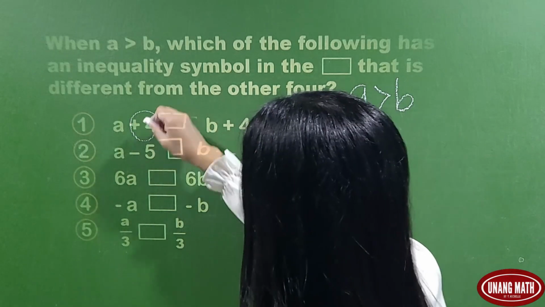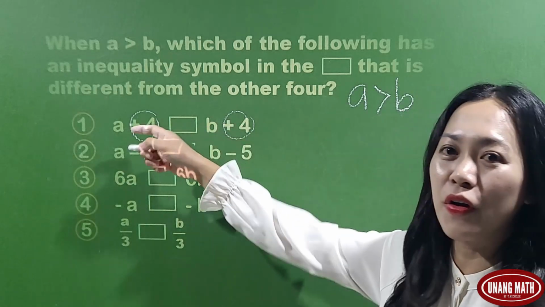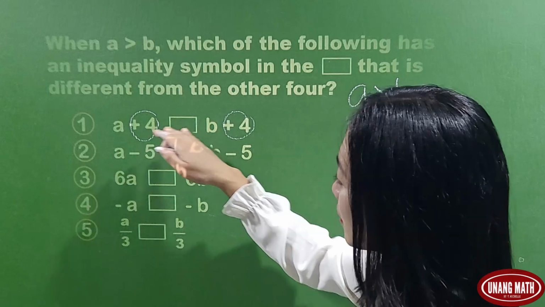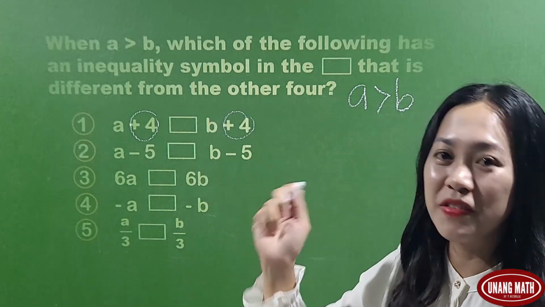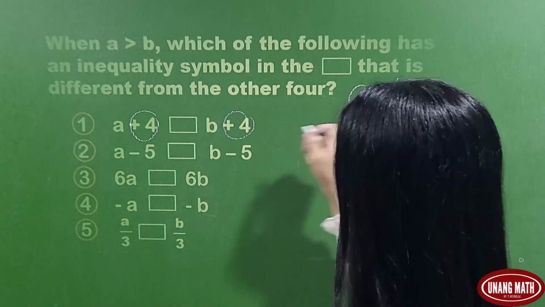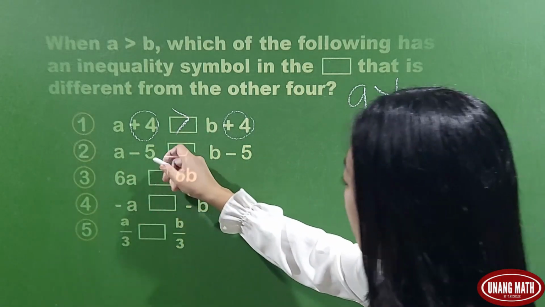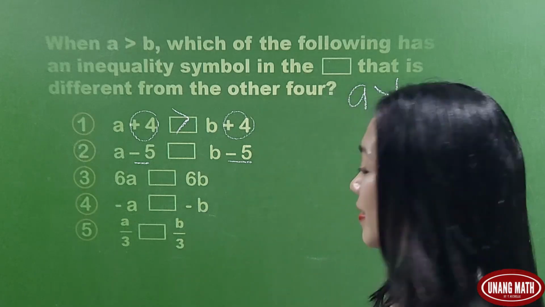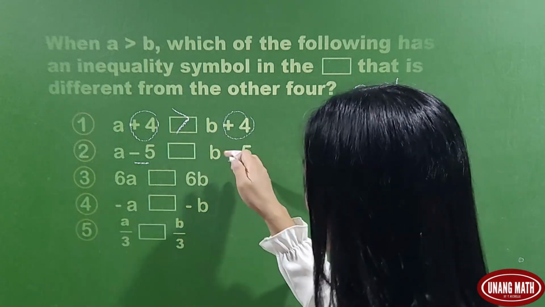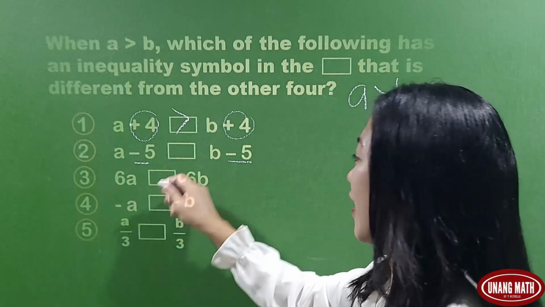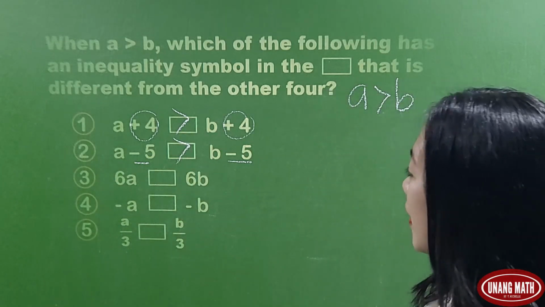So we added 4 on both sides of the inequality. So our symbol doesn't change. So this is still the greater than symbol. Okay, what about number 2? We subtracted the same number on both sides of the inequality. So the symbol will not change. So this is still the greater than symbol.